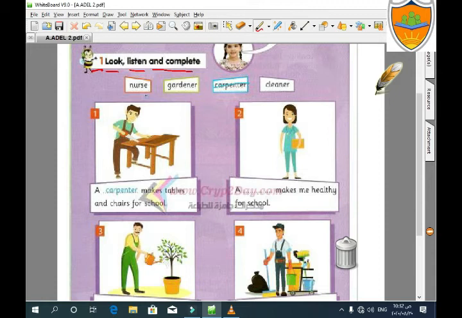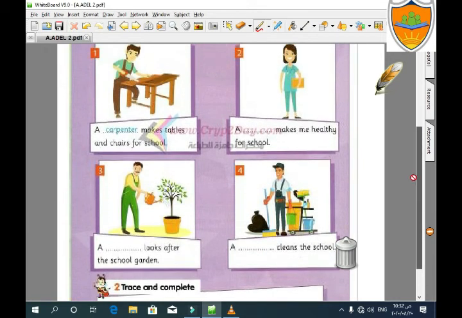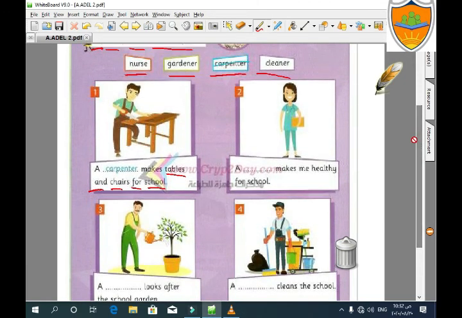We have here nurse, gardener, carpenter, and cleaner. Picture number 1, we have here a carpenter. A carpenter makes tables and chairs for school. Number 2, who is she? She's a nurse. A nurse makes me healthy for school.